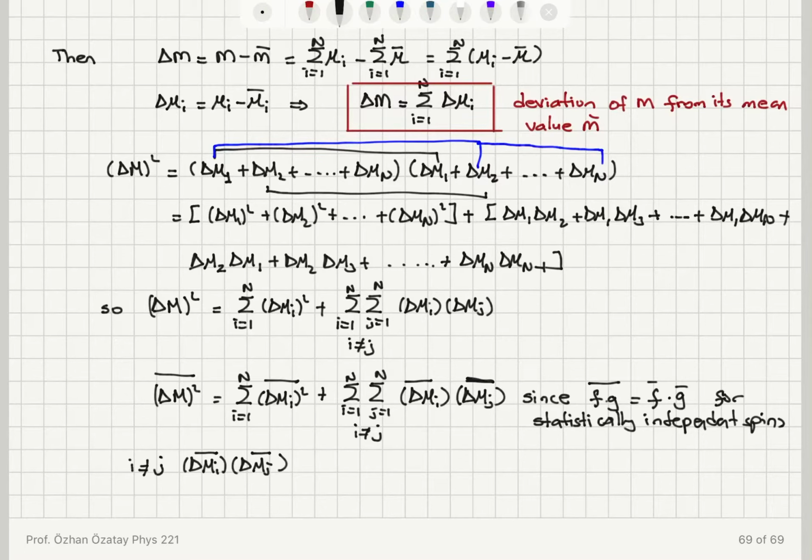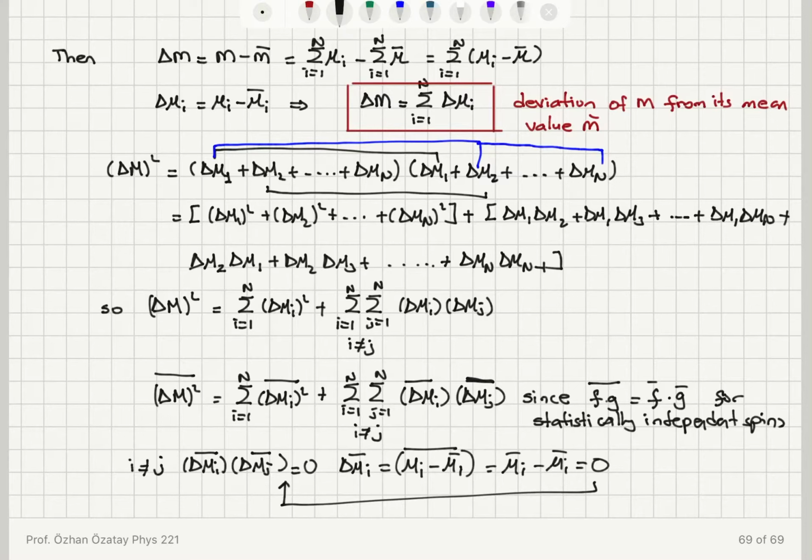Now if I calculate delta mu i bar, I would find mu i minus mu i bar average value. This is just mu i bar minus mu i bar, which is 0. Therefore, these terms will also give me a 0 here. So basically this part is going to give me nothing. It is 0.